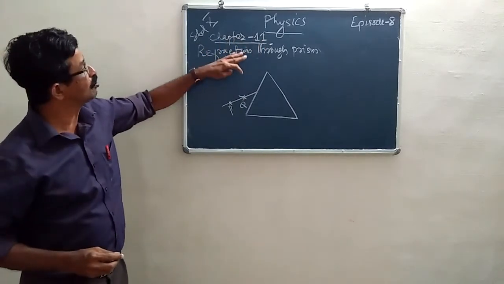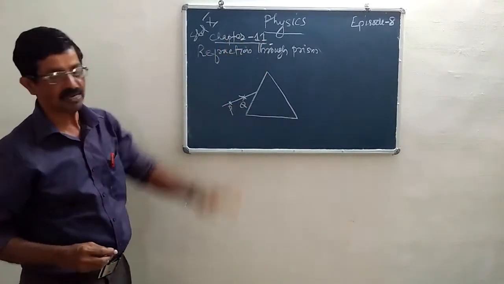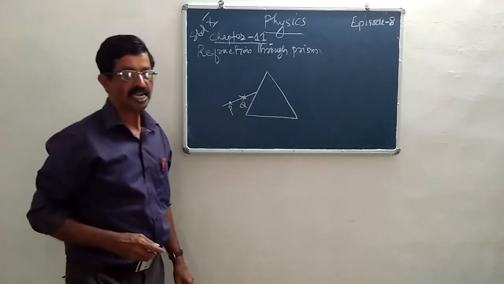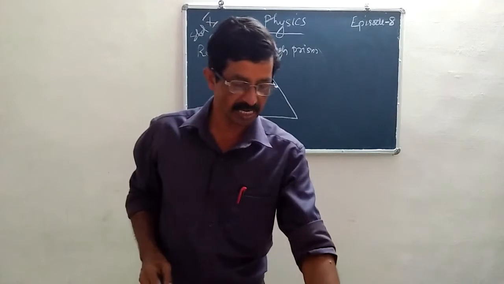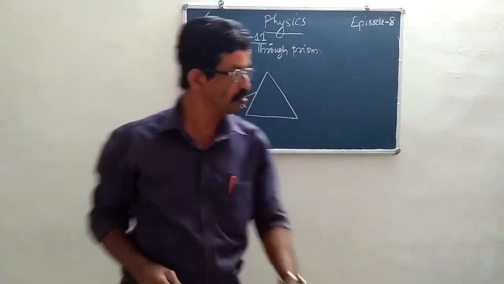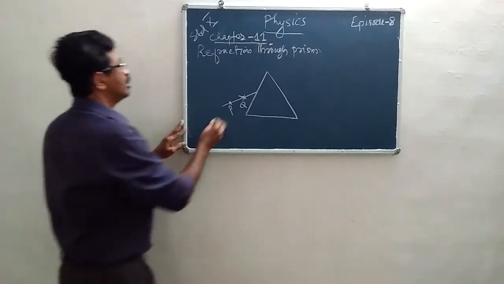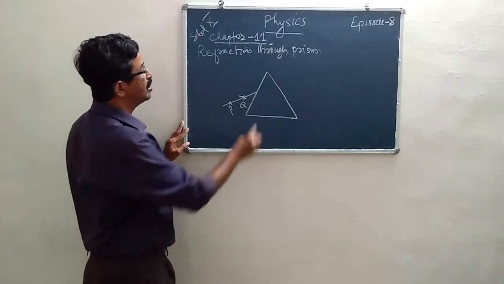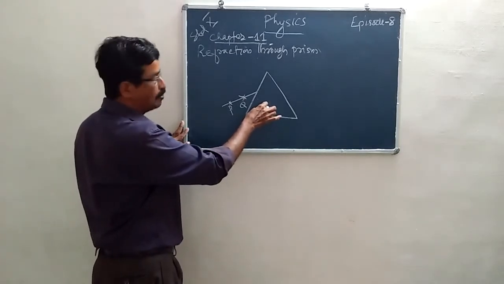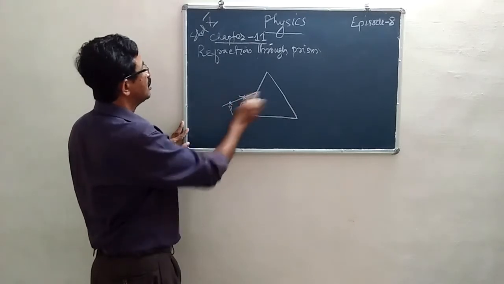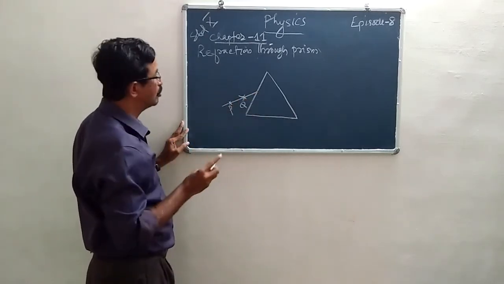On that drawing board, we fix a sheet of paper. On it, we place this glass prism. Then draw its outline with a pencil. Then draw a ray, that means draw a straight line to one side.